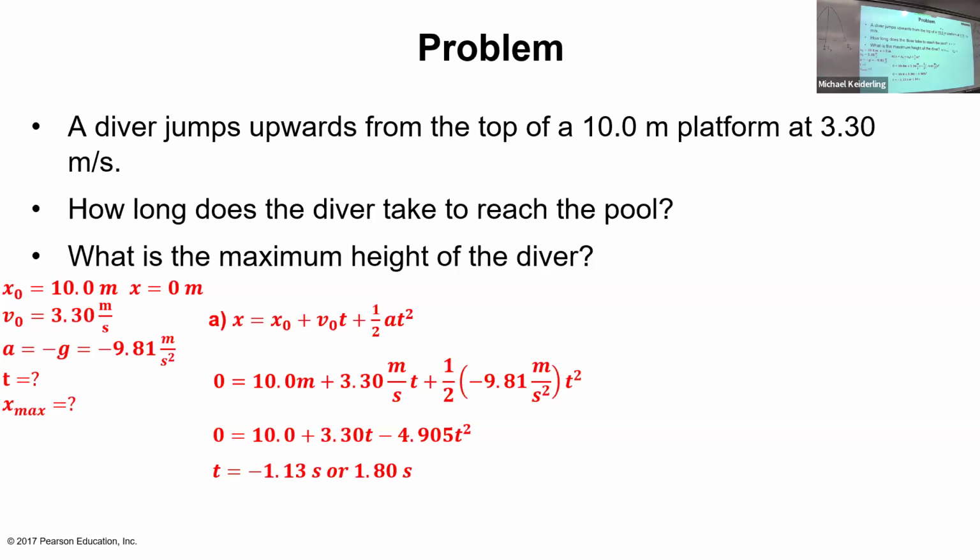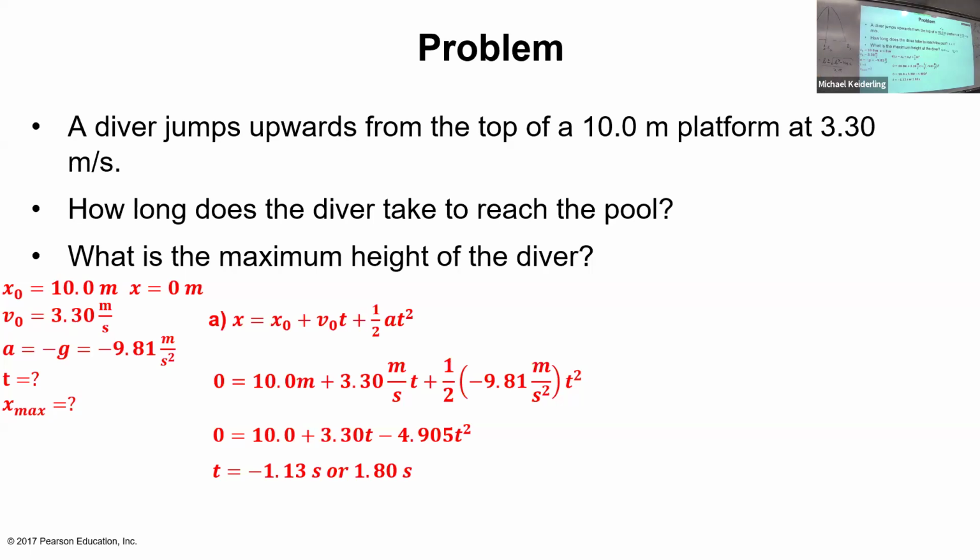The quadratic formula: x equals minus b plus or minus square root of b squared minus 4ac, all over 2a.